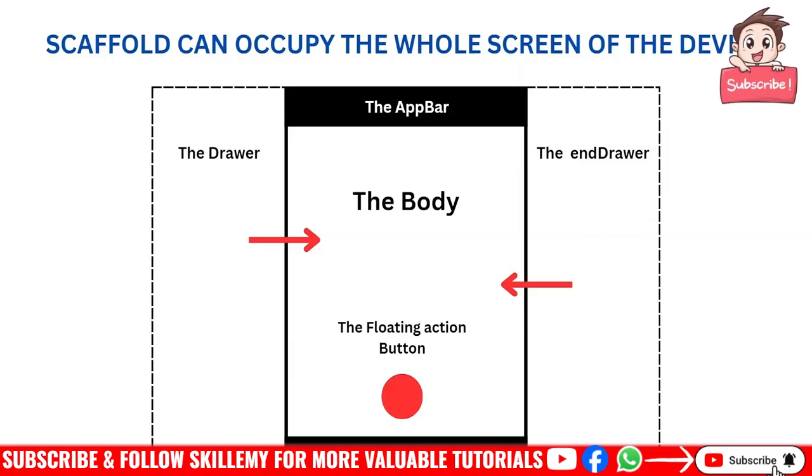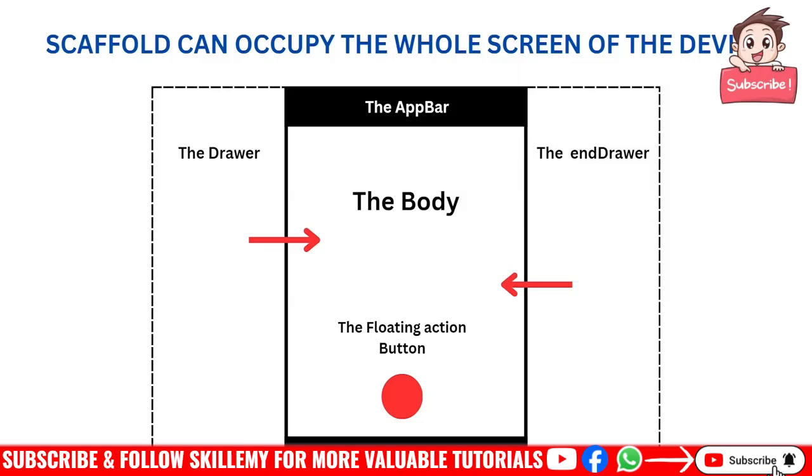Okay, so on both sides of the device, you can see that the first one is basically the drawer. Okay, so the drawer is basically, if you come here and click on the screen at any particular place, you will have a drop-off menu from the left-hand side of the screen.